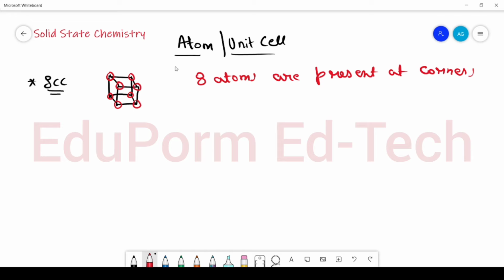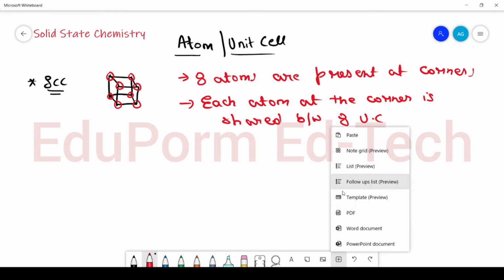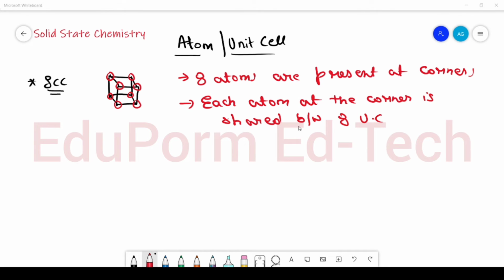Now, each atom which is present at the corner is shared between 8 unit cells. Let me show you a figure to understand this in a better way.